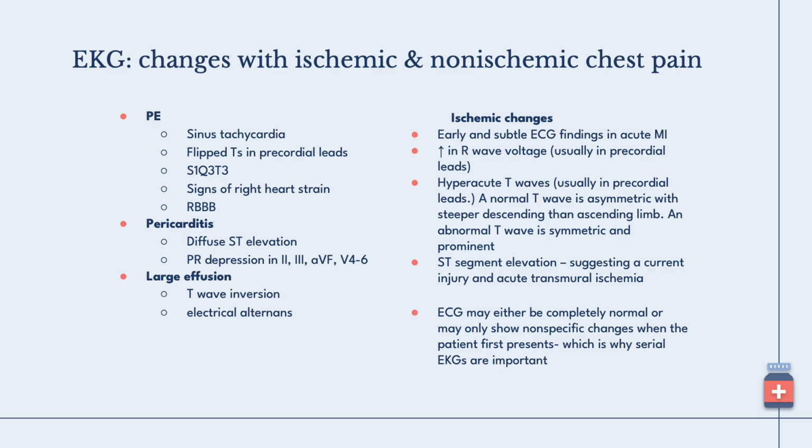Do I have ST depression or ST elevation? But also remember that the EKG can either be completely normal or may only show nonspecific changes when our patient first presents, which is why it's really critical to get serial EKGs and see what's happening over time.